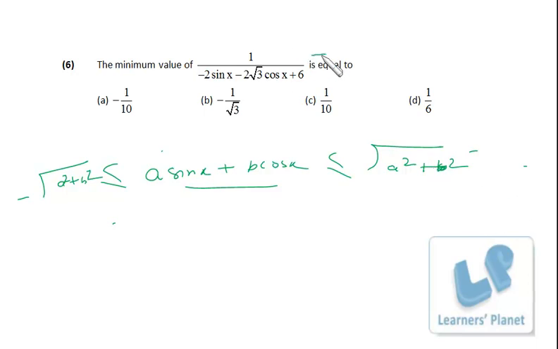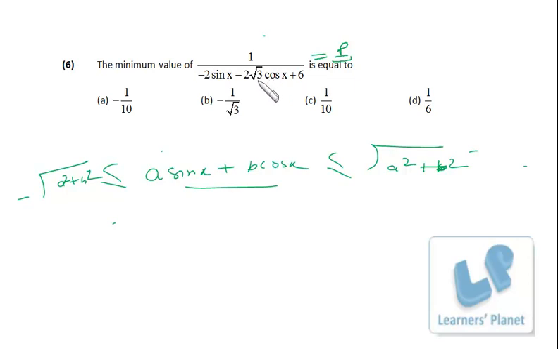Now I assume this expression to be p. Just listen to me carefully. We have to find out the minimum value of p. If we have to find the minimum value of p, that means the denominator should be maximum. The maximum the denominator, the minimum the value of the entire expression.